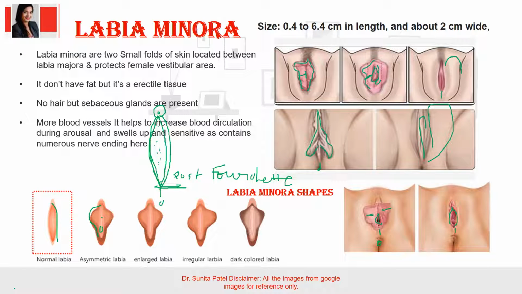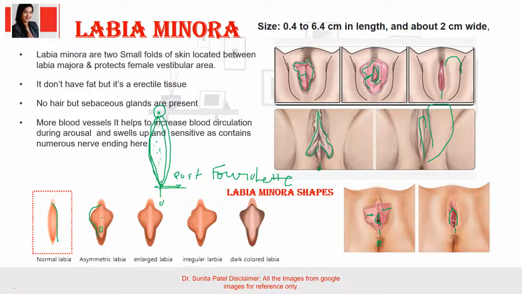More blood vessels. A lot of blood capillaries are present in this region, and that is going to give a lightish pink color to our labia minora. So if you see, the labia majora will be darkish, but the labia minora will be pinkish, purplish, and they will have those purplish and pinkish colors because of the blood capillaries coming here.